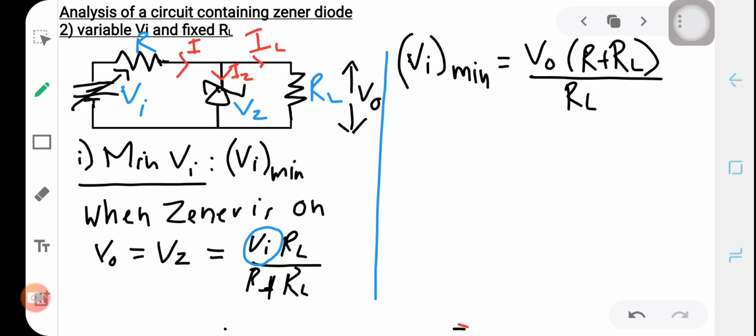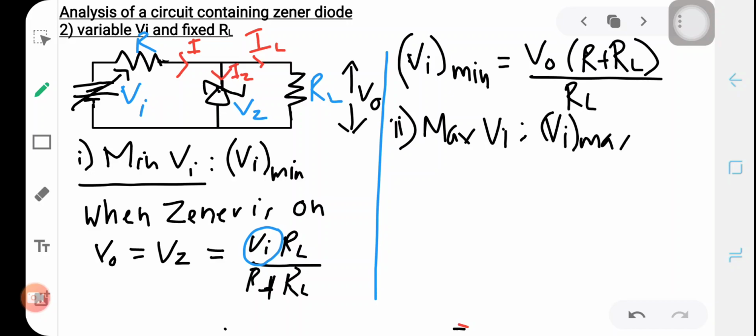Now let's see the second case, what will be the maximum input voltage that keeps the zener in the on state, denoted by Vi max. For that we consider the current flowing through the circuit, I, which is given by IL plus IZ.